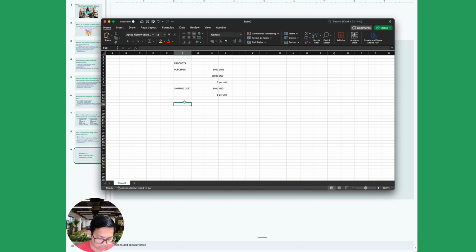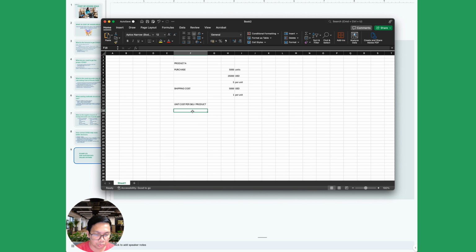When we calculate the unit cost per SKU or product, for example, this product is 1 SKU, we will factor in 2 items: purchase cost, which is 5 per unit, and shipping cost, which is 1 per unit. So the total unit cost now is 6 USD per unit. This is the unit cost per SKU of the product.